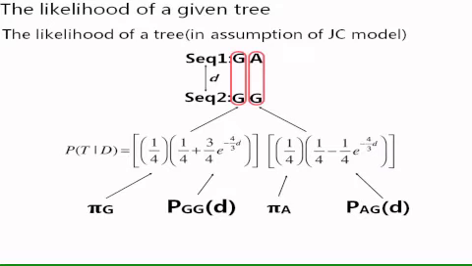So for example, this is pi. For that one, if we see both G in these two sequences, the stationary probability you see G is 1/4, but you can also have some other nucleotide change, for example, from A, T, or C to G. So that is this part. So if we see two Gs, it is 1/4 plus this part.